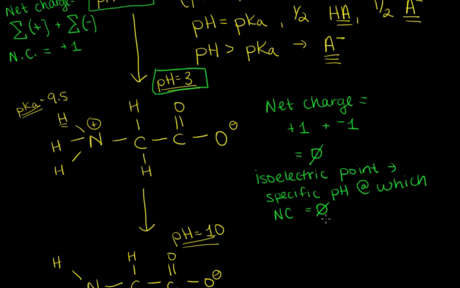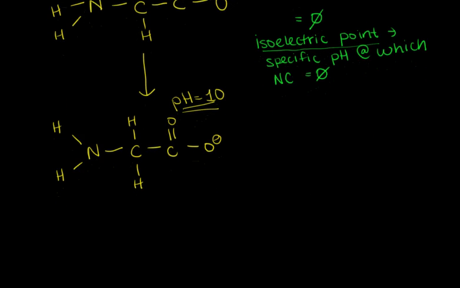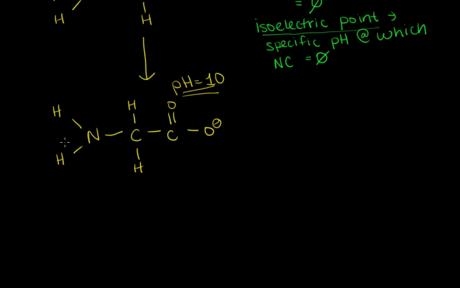Don't get confused on that. Okay, and then finally net charge in this pH 10 situation: net charge is the sum of all the positive charges, there aren't any, plus the sum of all the negative charges, so it's negative 1, because the only charge here is this. Okay, so that's how you solve net charges.